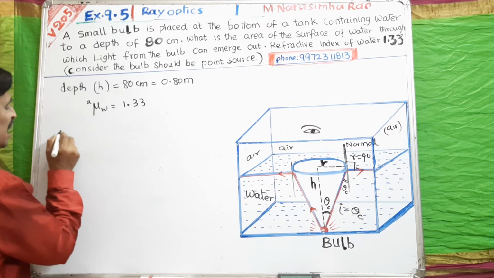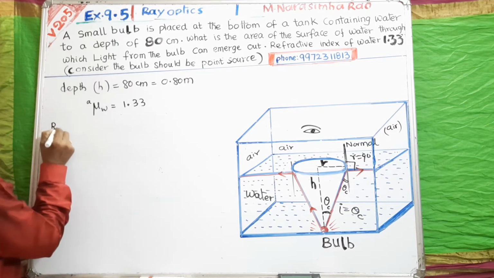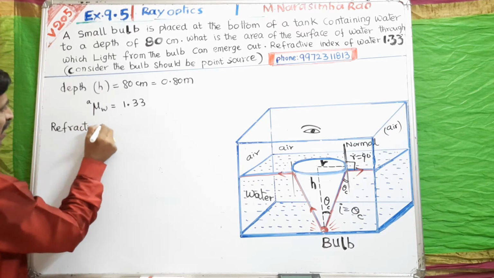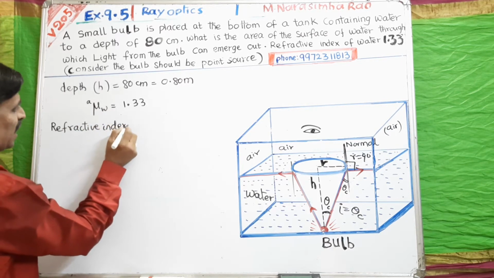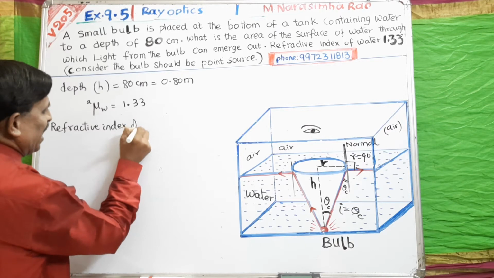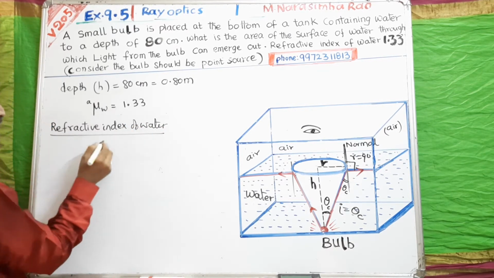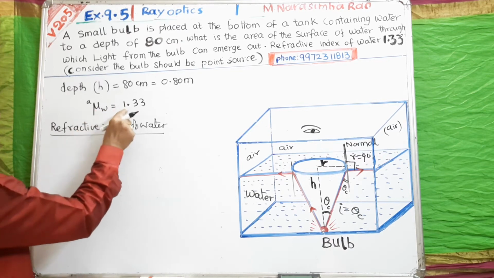The refractive index of water with respect to air is given as mu equal to 1.33.